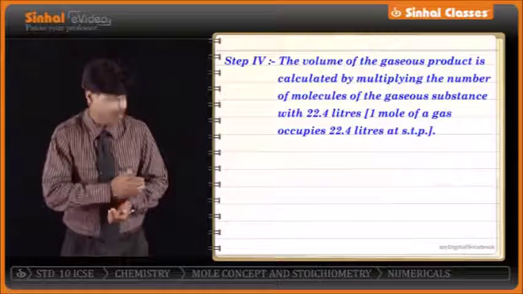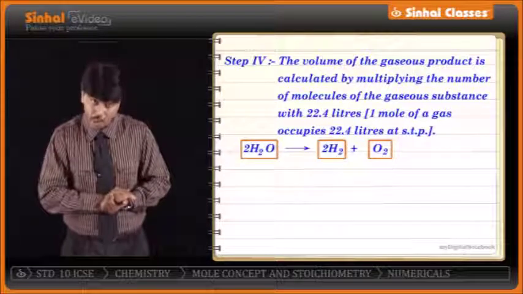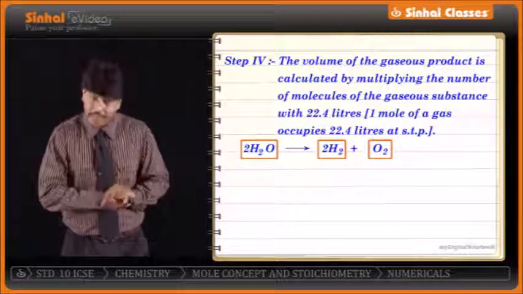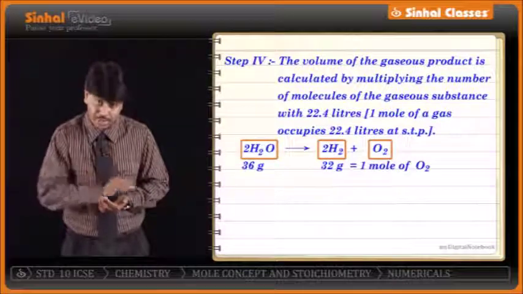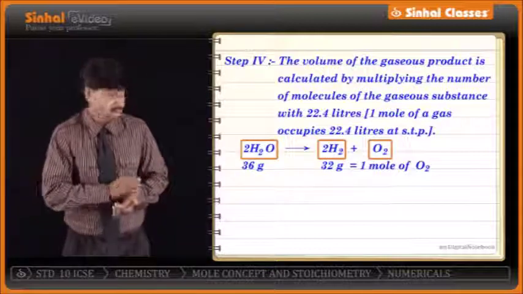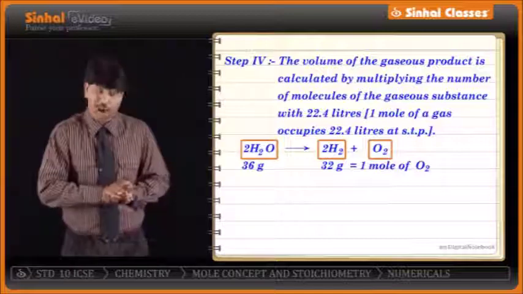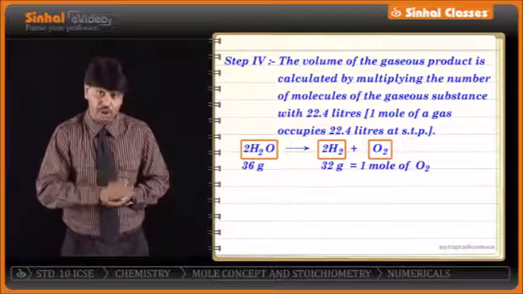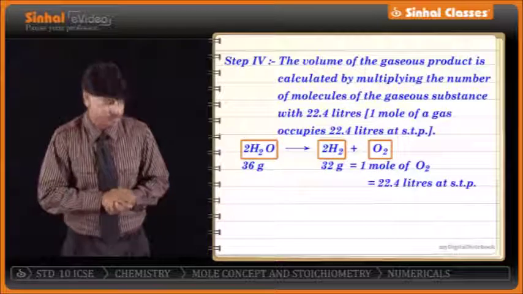Again write the equation. 2H2O will give you 2H2 plus O2. Now weight of water is 36 grams, that is 2 moles of it is 36 grams, whereas oxygen, which was 32 grams, is equivalent to 1 mole of oxygen, and that will always occupy 22.4 liters at STP.